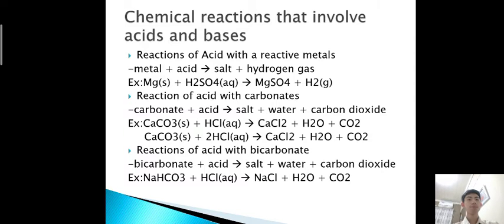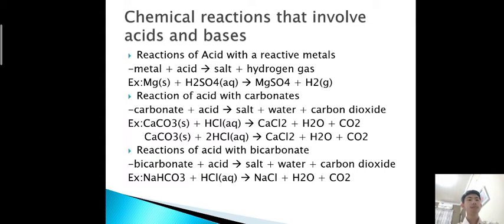Then it becomes CaCO3 in solid form plus 2 HCl in aqueous form forming CaCl2 plus H2O plus CO2. I put 2 in there because there are 2 hydrogen atoms on the left side and 2 chlorine atoms on the right side so that the reaction is balanced.